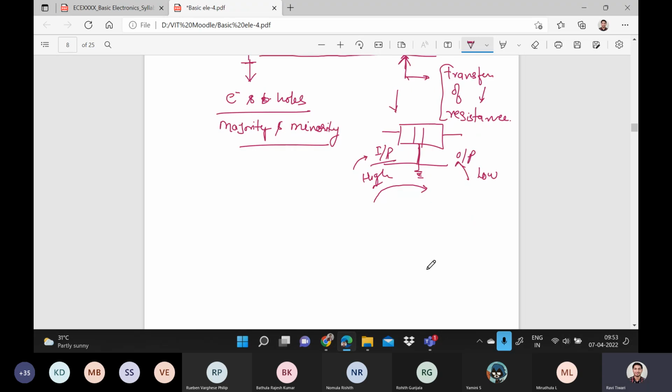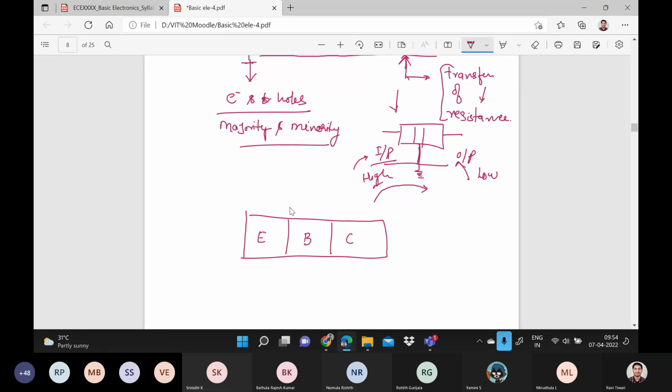And the third thing is what? Here we have three terminals: one is emitter, another is base, another is collector. And you know the construction of it, meaning which one is larger, which one is smaller. So tell me, which terminal is highly doped: emitter, base, or collector?